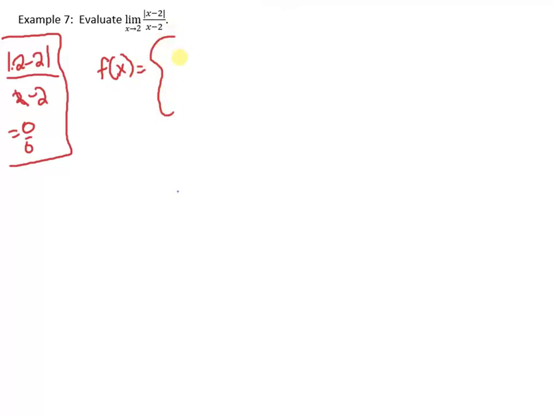So we're going to deal with x minus 2 when x is greater than 2. And we can just go ahead and put the denominator there as well. And we're going to deal with minus, so like the flip of x minus 2, again, over x minus 2, when x is less than 2. Sorry, these are minuses.